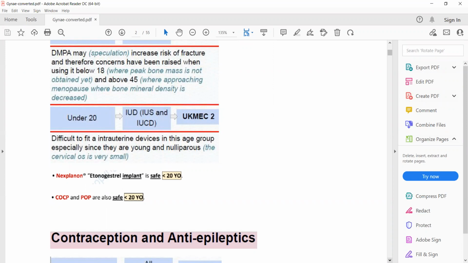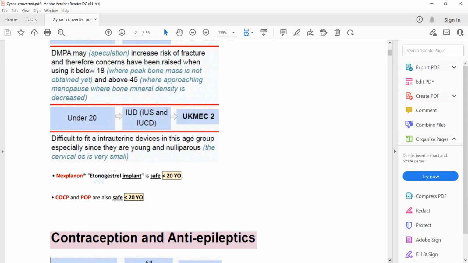For the PLAB 1 exam, remember that if the scenario says the patient wants to get pregnant after 6 months and she is looking for a contraceptive method, then the only choice you have is COCP or POP, combined oral contraceptive pills or progesterone-only pills.